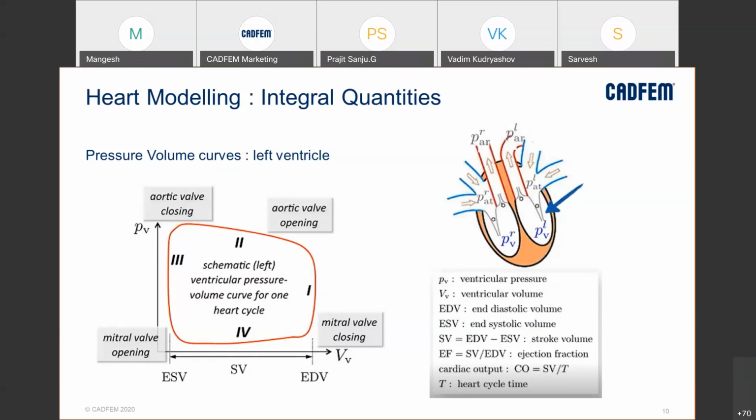If we model the left ventricle or the right ventricle of a heart, and monitor the pressure and volume through a computational or simulation tool, then we can come up with this data and provide it to the cardiologist, who can determine whether this is normal behavior or if there is any abnormal behavior. So this is how the simulation information can be used. Let's see in the coming slides how.